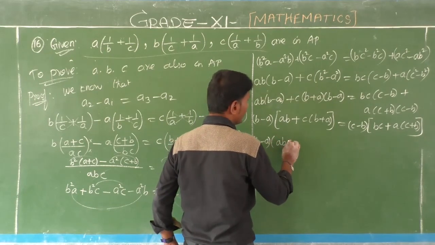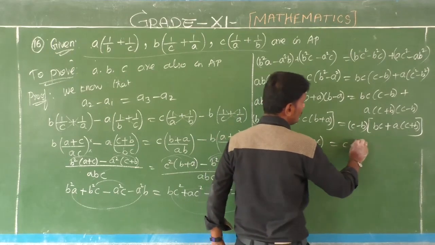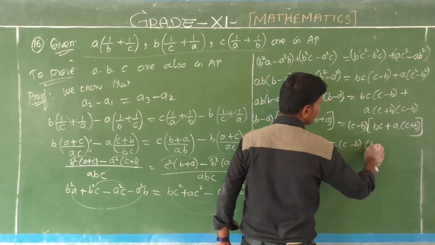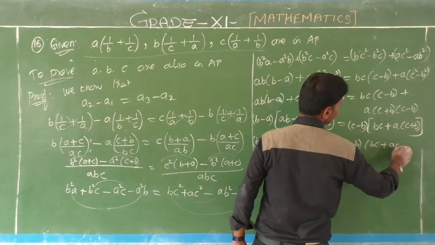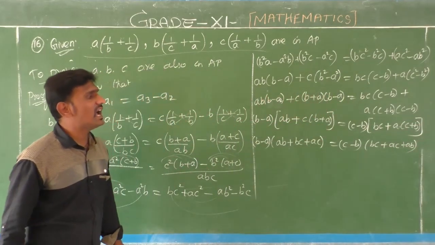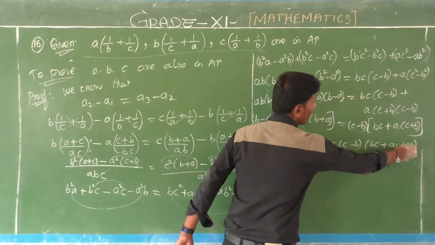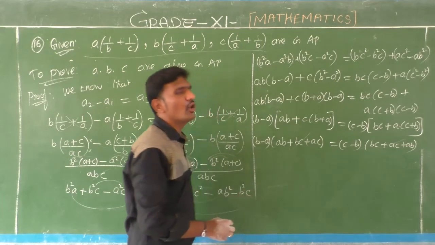Okay. Now see, you are going to multiply inside the bracket, that is B minus A into AB plus BC plus AC, and also C minus B into BC plus AC, AB. So students, look at the left and right side, you have a common term of AB plus BC plus AC. Here also AB plus BC plus AC. On both sides I am going to cancel.